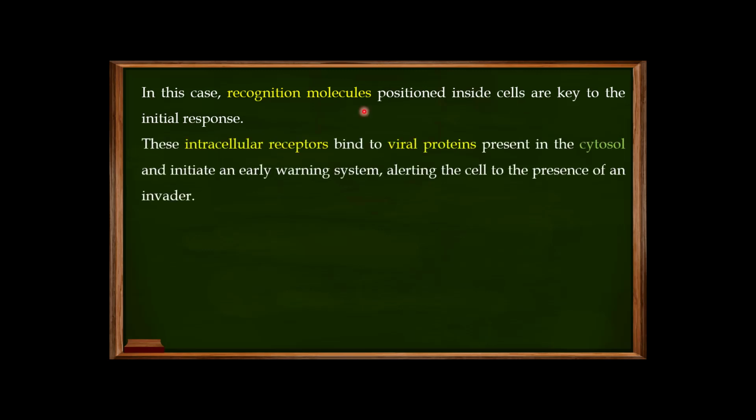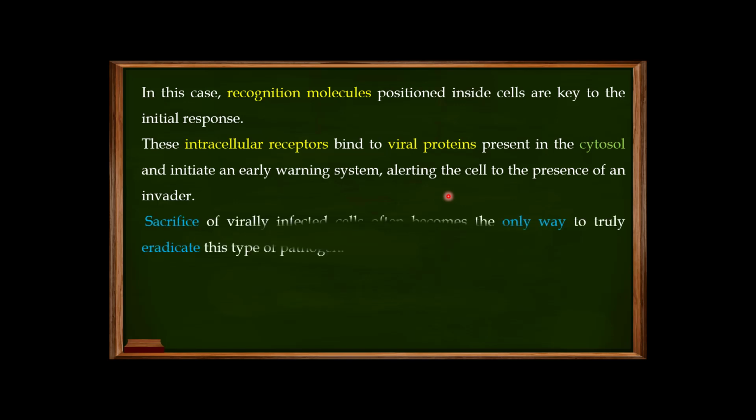Now these intracellular receptors are going to bind to the viral proteins. As I've told you, these viruses are going to make their proteins. So these intracellular receptors are going to bind to these viral proteins present in the cytosol of the host cells. And this interaction initiates an early warning system, alerting the neighboring cells to the presence of an invader, in this particular case, a virus.